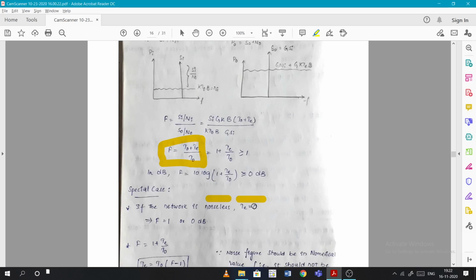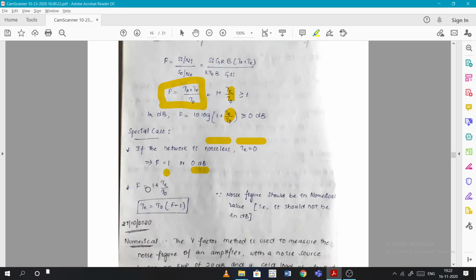From this expression you can see this term will be 0, so F is equal to 1. The log of 1 is 0, so in dB it is 0 dB. From this expression we can also write Te: Te is equal to T0 into F minus 1.